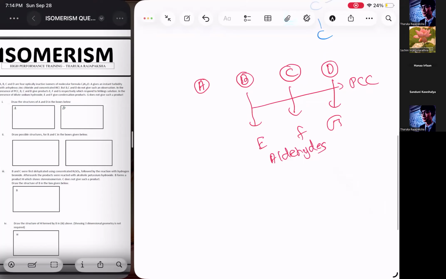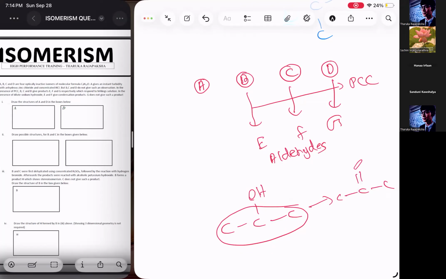So that means that after oxidizing, it should form an aldehyde, not a ketone. So to form a ketone, what should be the necessity? The OH should be attached to a secondary carbon, right? If the OH was attached to a secondary carbon, then it will give a ketone.